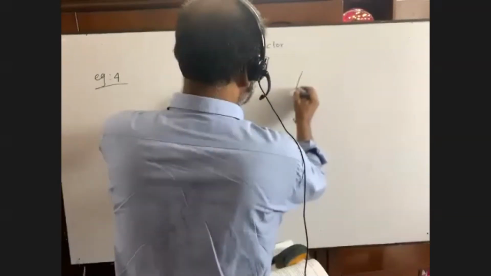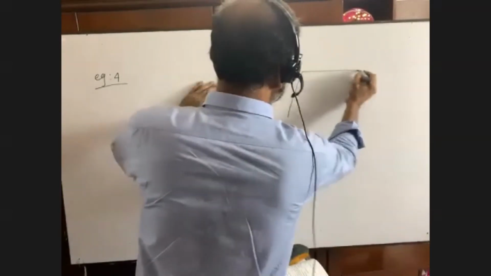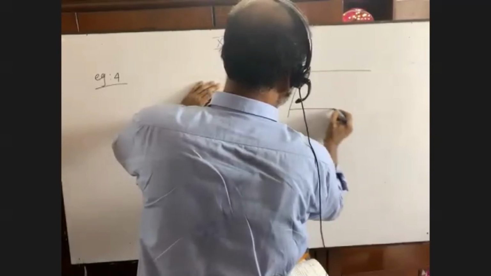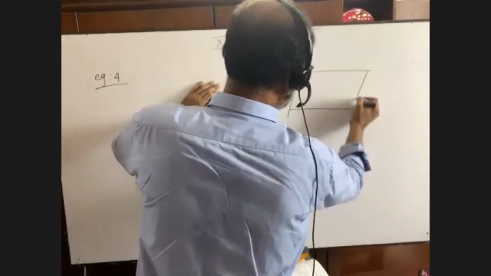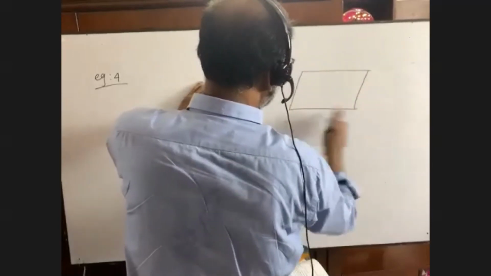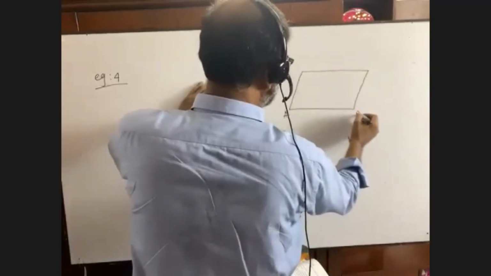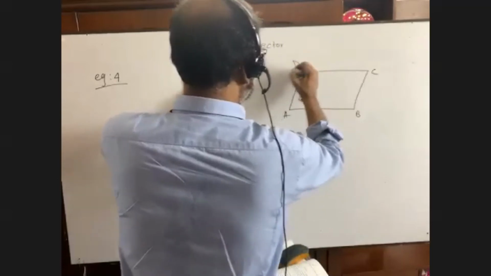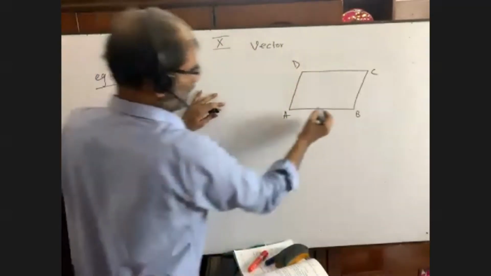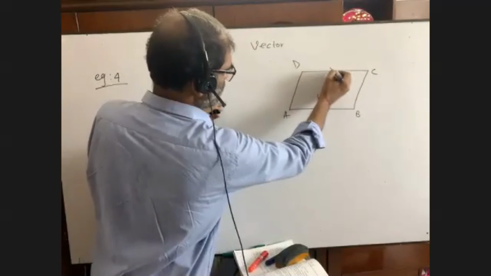Sir, it is a parallelogram. A parallelogram ABCD. Okay, what will you do? Just take the vector sign like this.